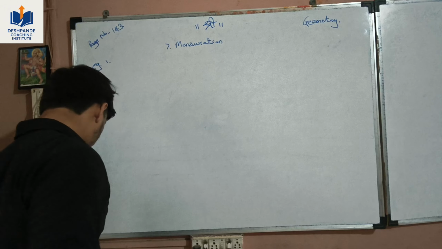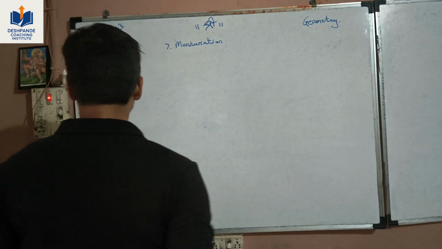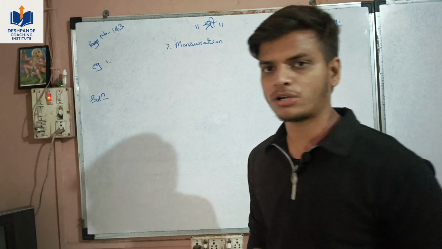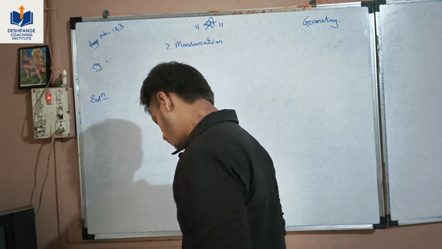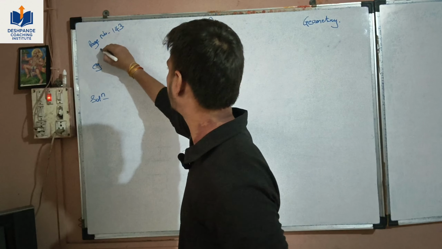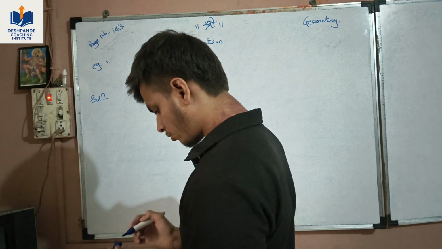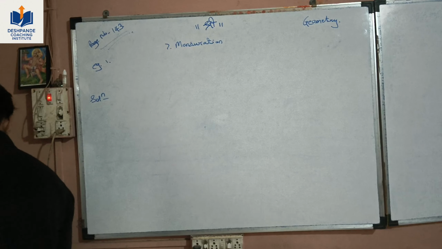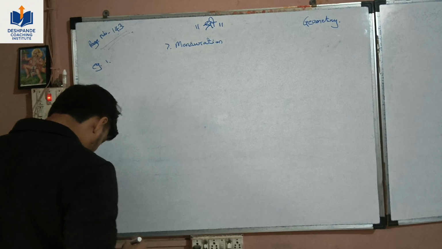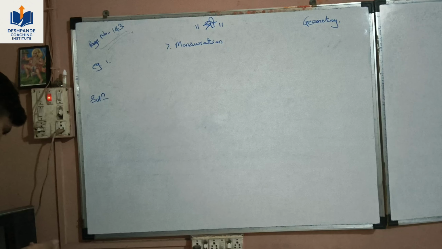We are going to solve the solved example given in your textbook on page number 143. I am not writing the question, I am solving the answer, so firstly we will write the given. I will dictate the question.